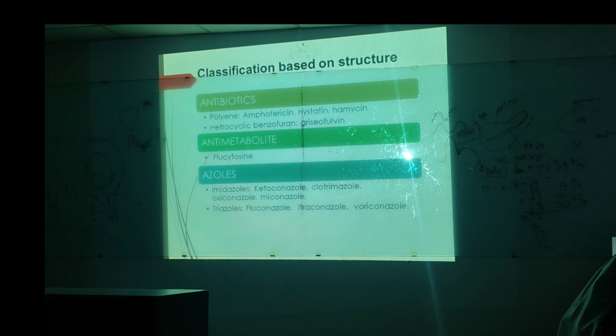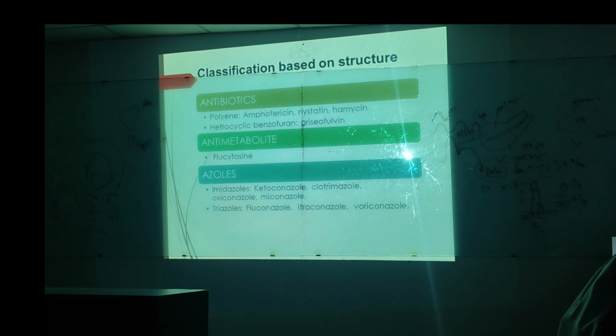Now, based on structure, there is also another classification. Actually, some of these antifungals are antibiotics. These are your polyenes: amphotericin B, nystatin, and hamycin. Some are heterocyclic benzofuran, like your griseofulvin. The antimetabolites are your flucytosine.